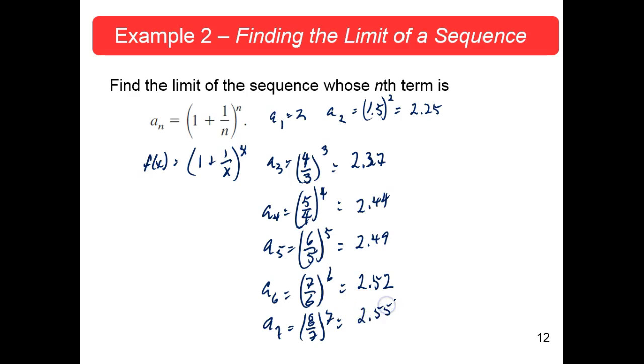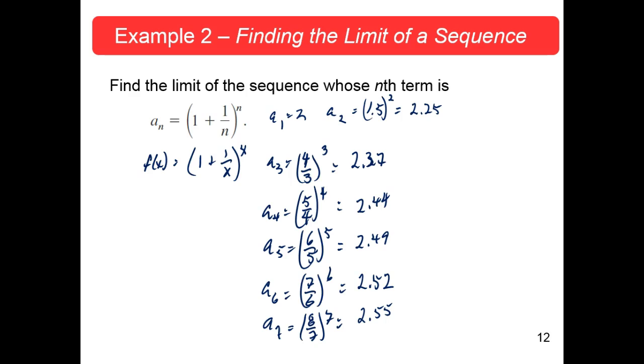2.55. Okay, here's the deal, folks. We're going up. That one went up by 0.25. That went up by 0.08, 0.07, 0.05, 0.03, 0.03. So it's going up, but the amount that's going up is getting smaller and smaller.